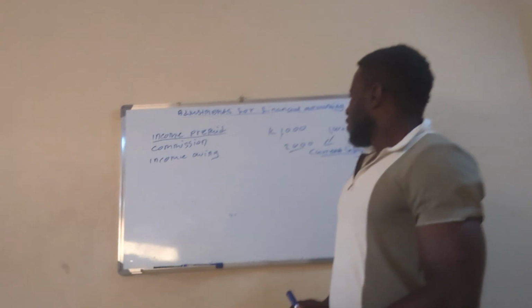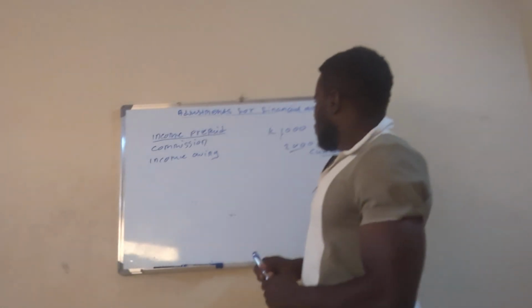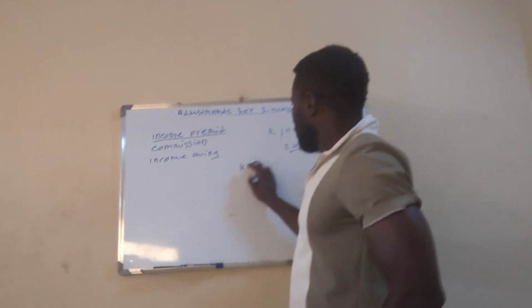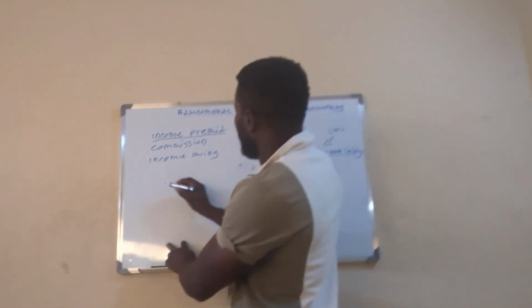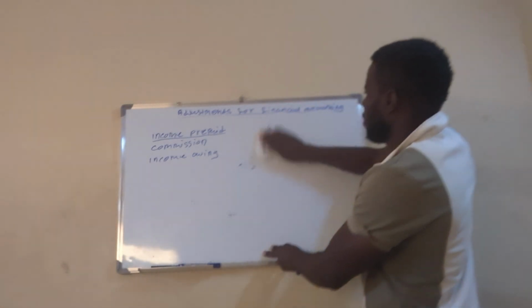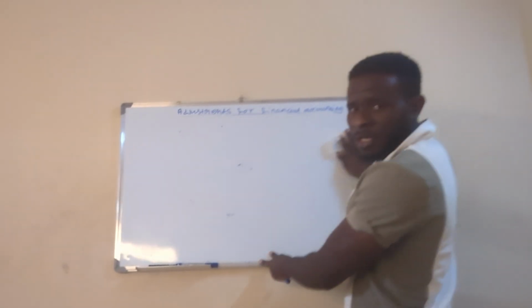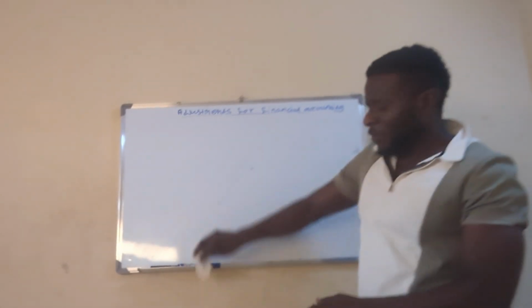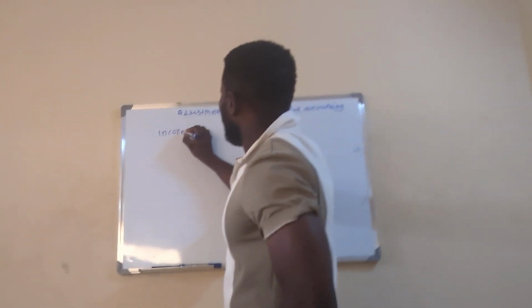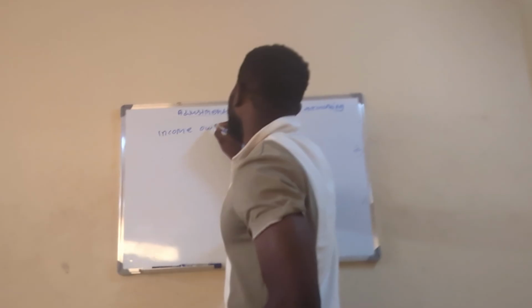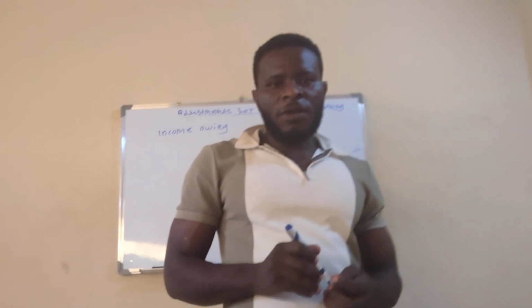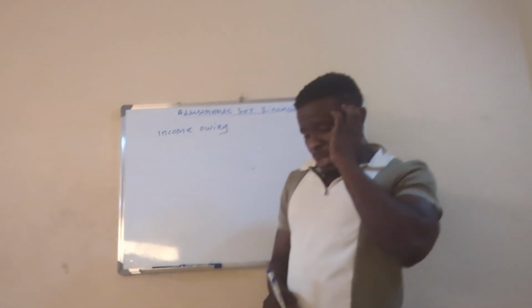So now, instead of paying you 1,000, let me write it here. So now, we have income owing. You have income owing. So this is a situation.